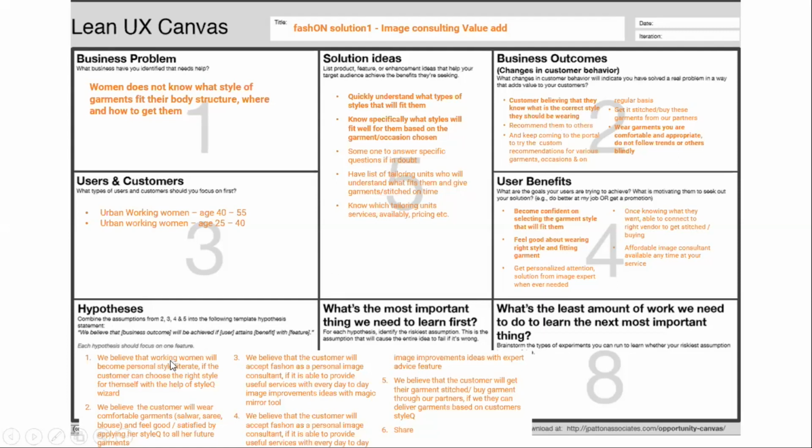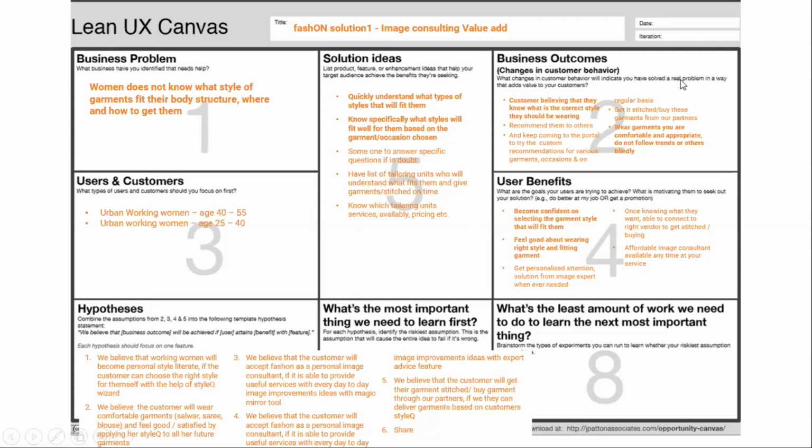We believe that your customers, who are the customers? You can go specific to one persona. It could be working women of this age or that age. Generally, if it applies for both, then you can say working women will become personal style literate. So she will become personal style literate if the customer can choose.